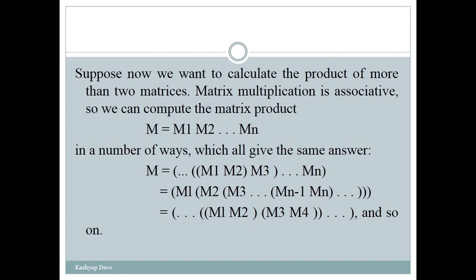So the matrix chain multiplication problem is for finding the way which gives the minimum cost, or we can say minimum complexity. This is the concept of matrix chain multiplication. It is applicable when more than two matrices are available and we want to multiply them.